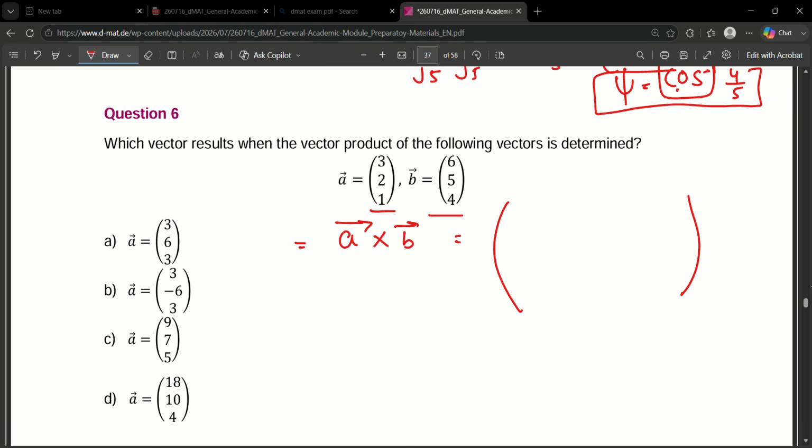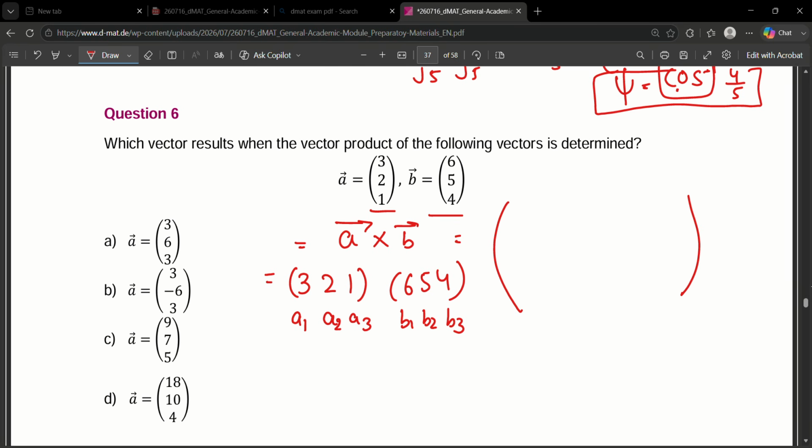Basically, you can just easily write this vector like this, 3, 2, 1 or 6, 5, 4. And you can call it A1, A2, A3, B1, B2, B3. Or you can write it as AX, BX, whatever, according to the formula as well.